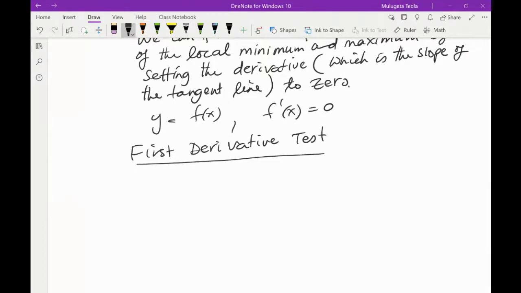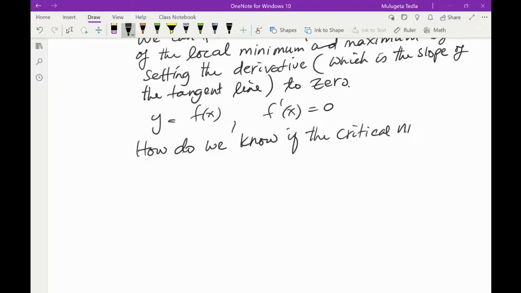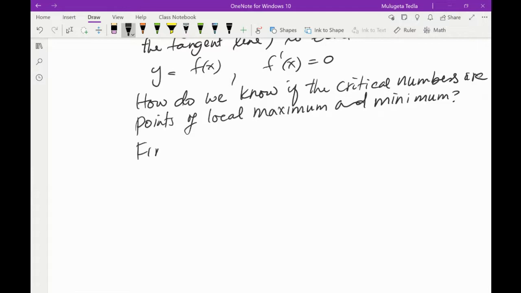So how do we know if the critical numbers are points of local maxima or minima? We have what we call the first derivative test.